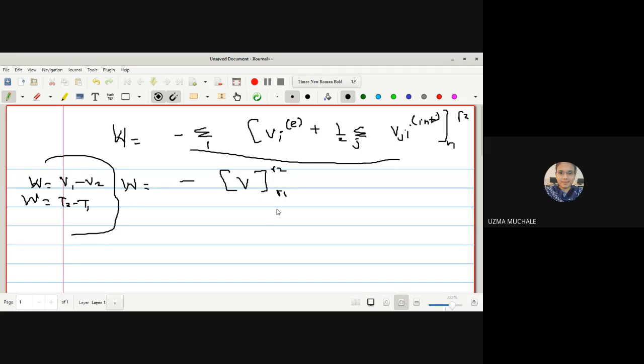Now I can write this as the potential energy acting between positions P1 and P2, where R1 and R2 are the position vectors. So I can write this as V2 minus V1. If I merge this minus sign, we get work done is equal to V1 minus V2. So we got this formula.